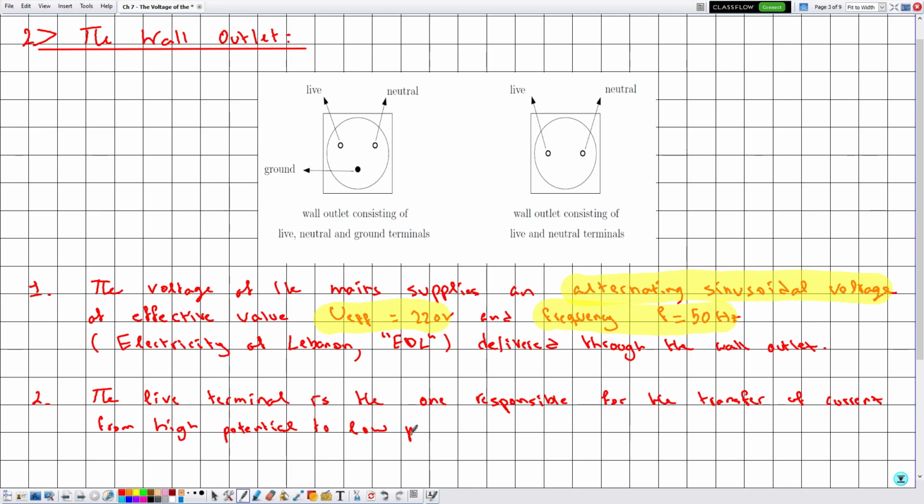Now I will explain, or let me say even in other words, the live terminal is responsible for the voltage.